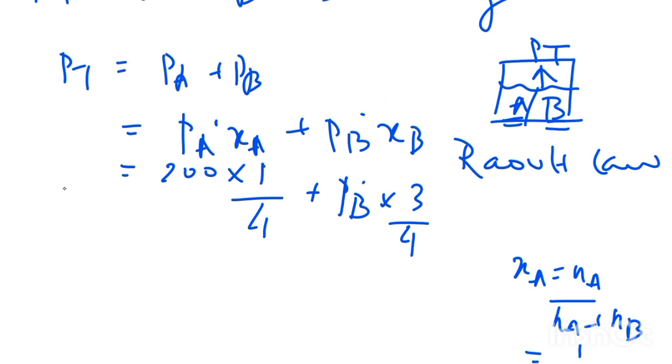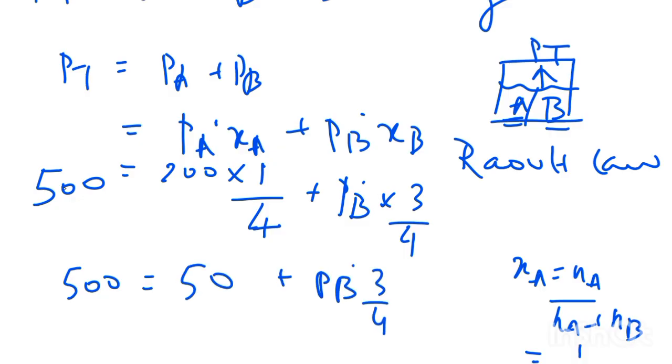And the total PT is also given. PT is 500. So 500 equals 200 times 1/4, that is 50, plus PB naught times 3 by 4. So 450 equals PB naught times 3 by 4.